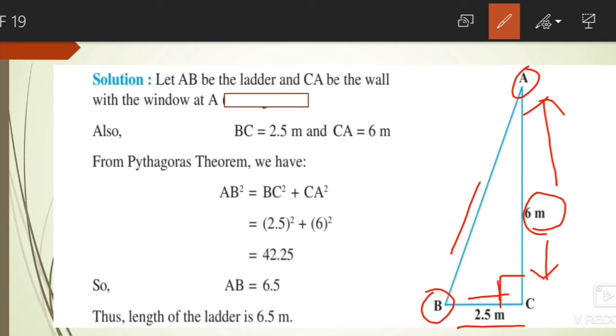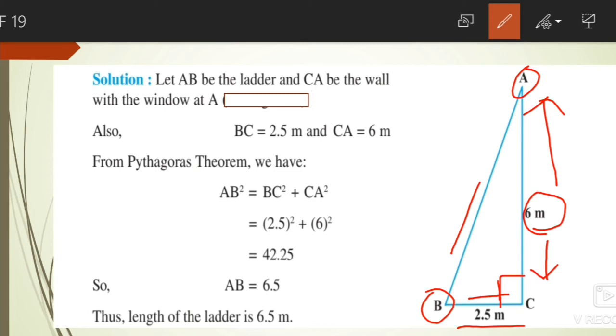That means ABC triangle is a right angle triangle, where the perpendicular AC is 6 meter and the base BC is 2.5 meter. You have to find the value of the hypotenuse, that is AB.